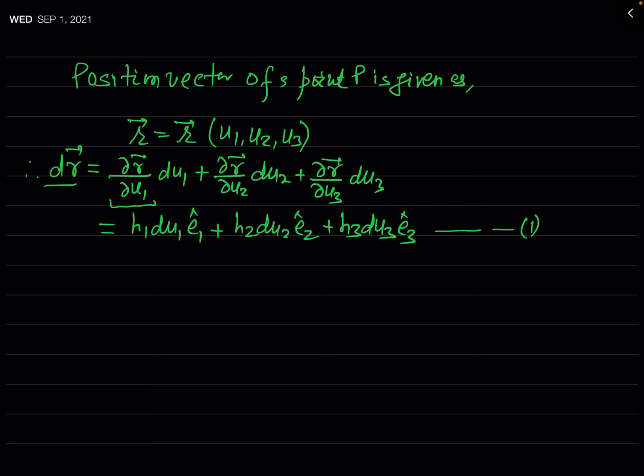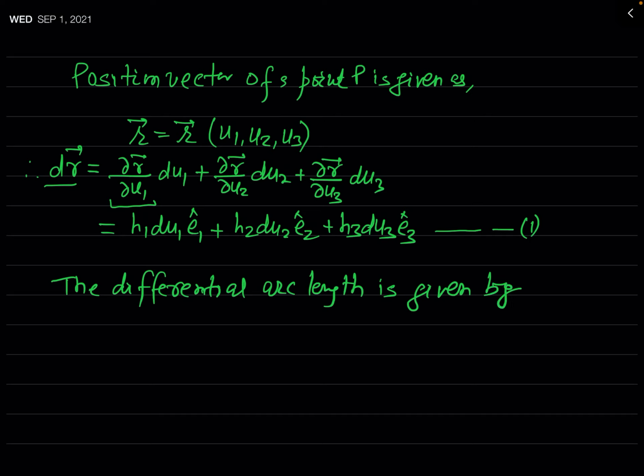If the differential arc length is supposed to be ds, then ds square will be equal to the scalar product of dr with dr. So the differential arc length is given by ds square equal to dr dot dr. Now dr is equal to this much, and when you take the scalar product of dr with dr, the similar terms will be non-zero and all the dissimilar terms vanish in a scalar product.